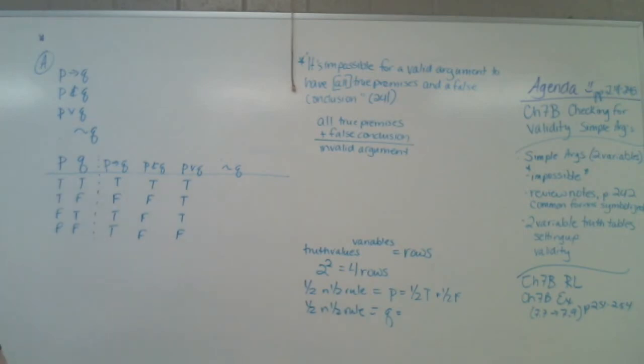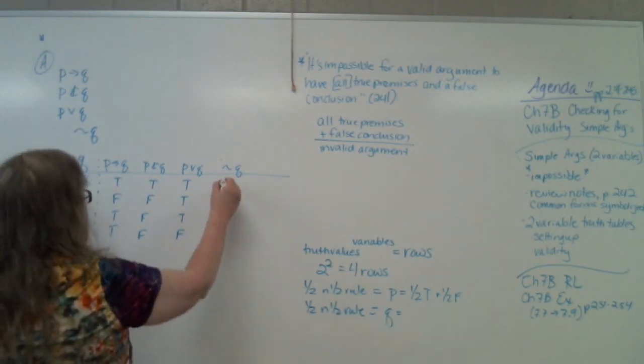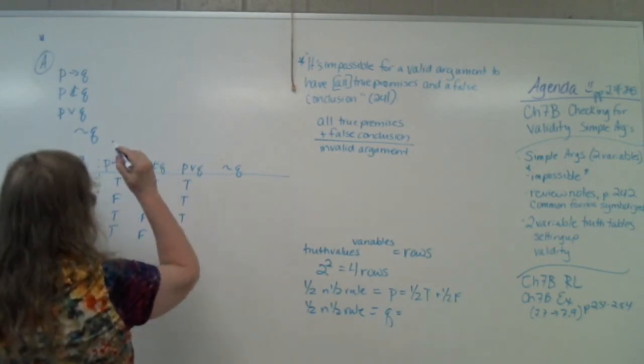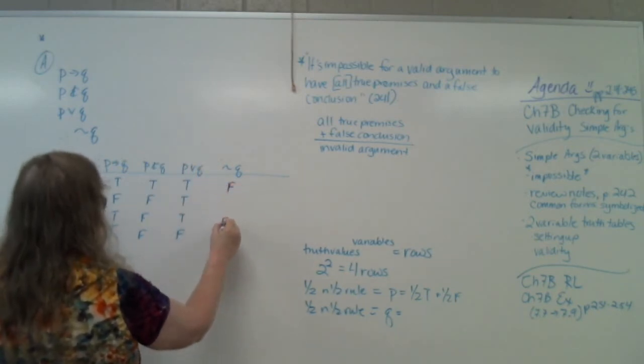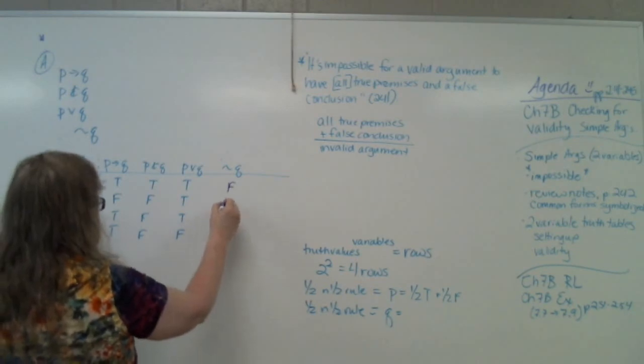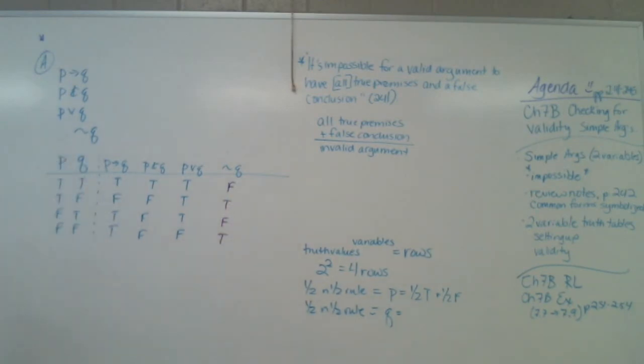And I know when I get to not Q that it's opposite day for my regular Q. So if regular Q is true, not Q is false, and where Q is false, not Q is true. That's my whole argument.